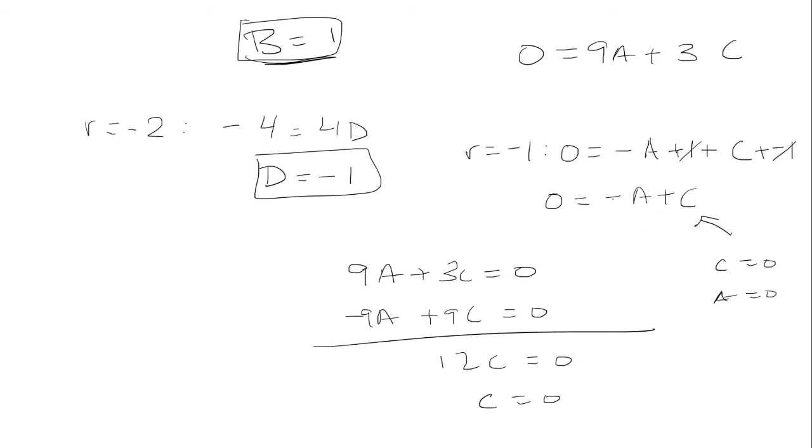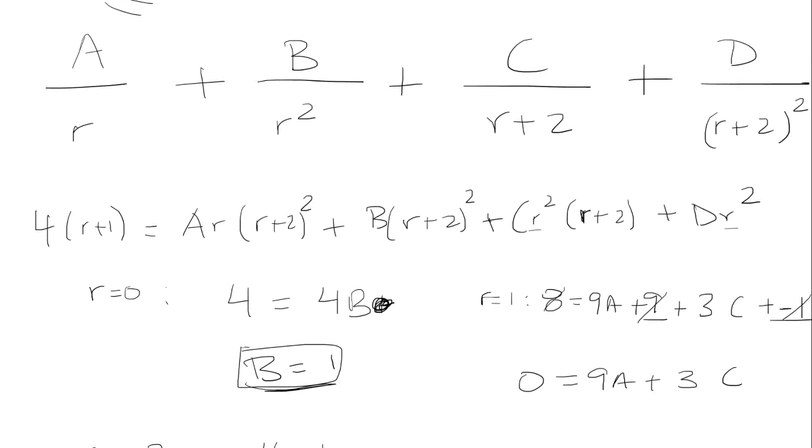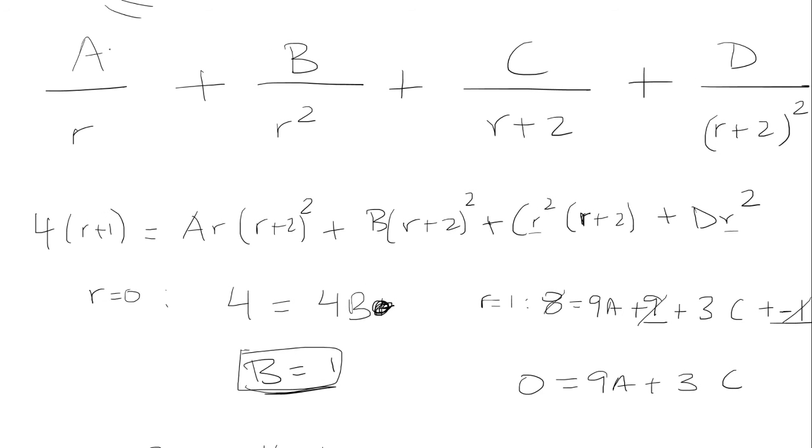A is 0, C is 0, B is 1, and D is -1. So I can go back here. A we said is 0, B is 1, C is also 0, and D is -1.